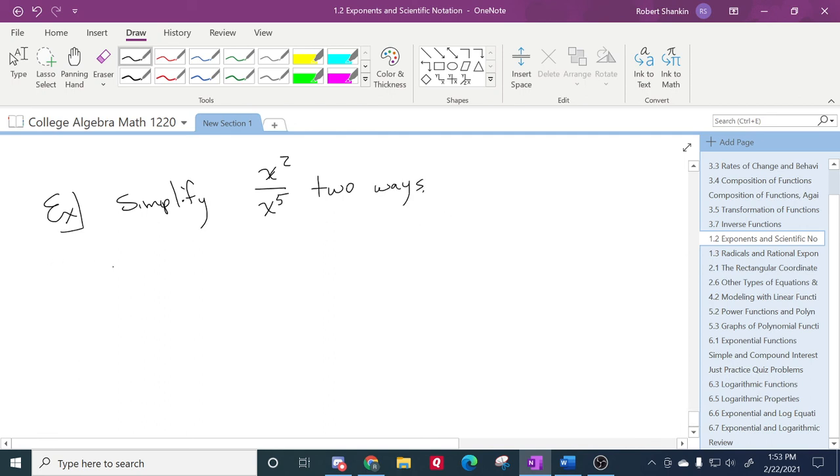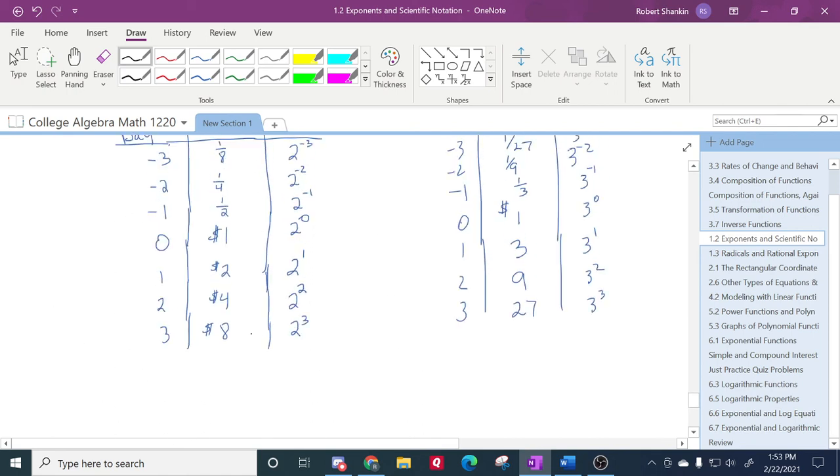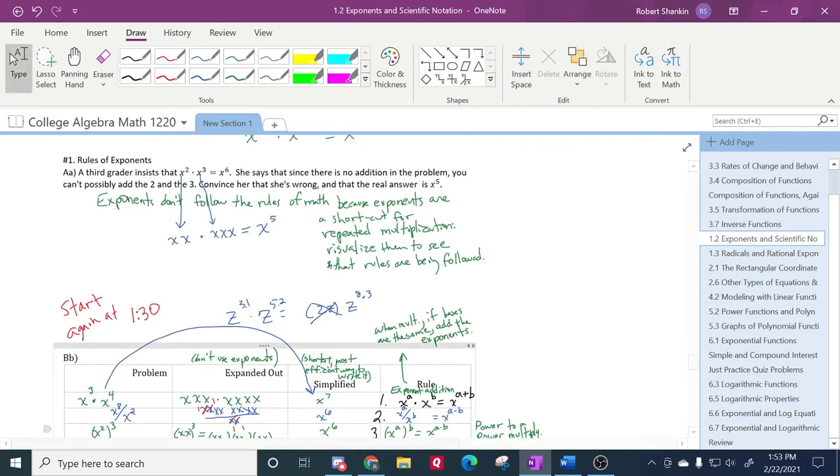So method 1. Method 2. For this one, I'm going to do it like we did in this chart, where we expanded out, then simplified.